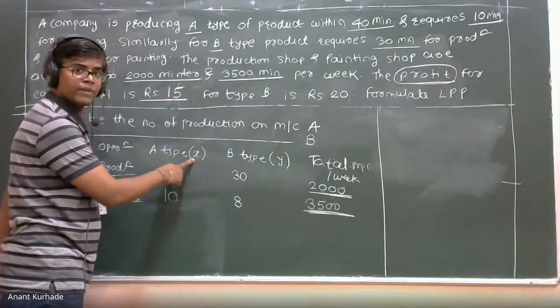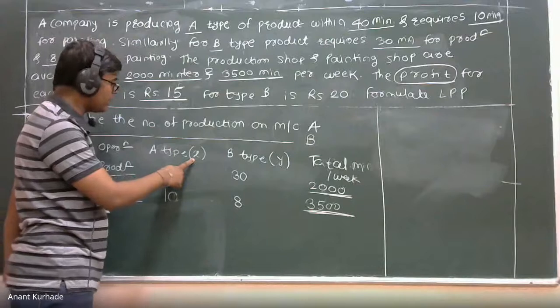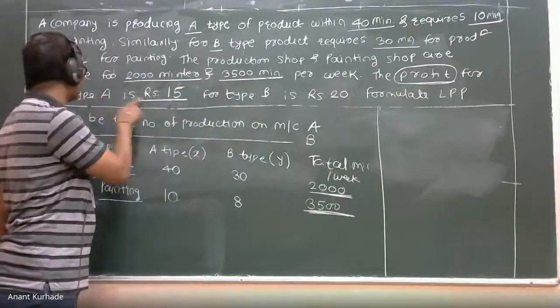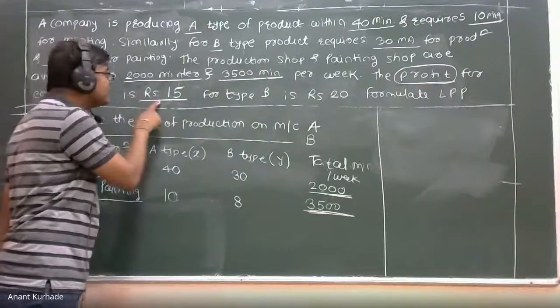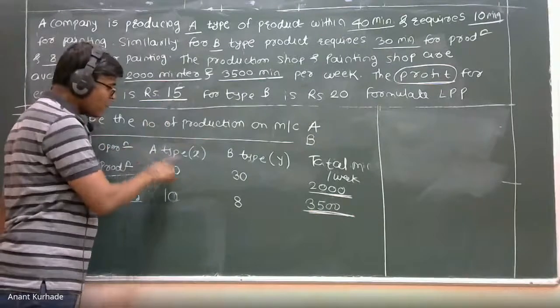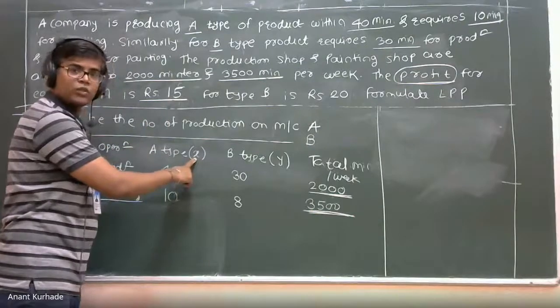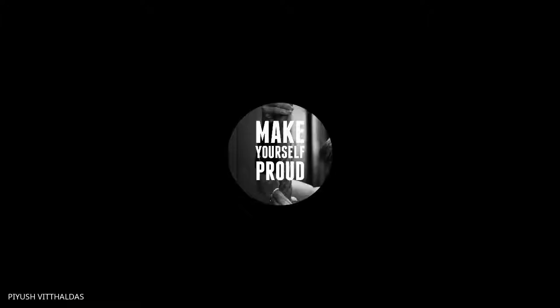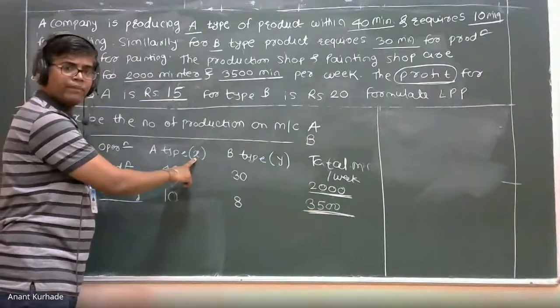Tell me. Each type A has profit of 15 rupees, and we have this number as X. So total profit for product A is, tell me. 15x. Only 15x.